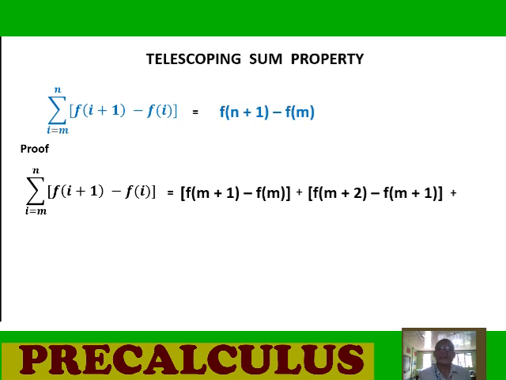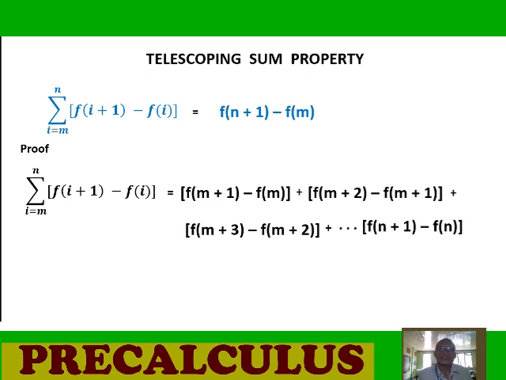Plus the next term, again m is increased by 1, so we have f of m plus 3 minus f of m plus 2. Plus up to the last term, f of n plus 1 minus f of n.